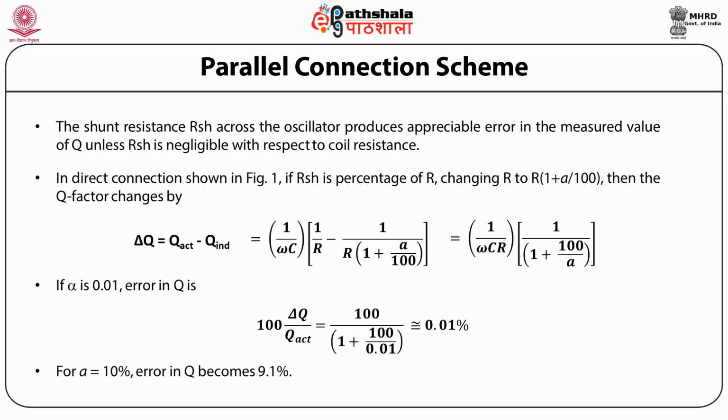For A equal to 10%, error in Q becomes 9.1%.